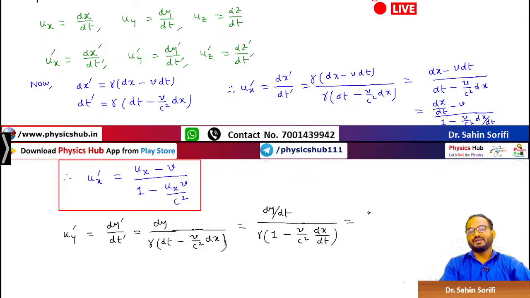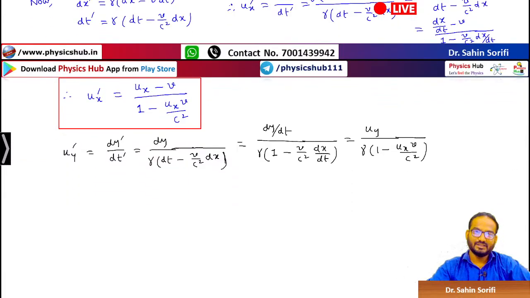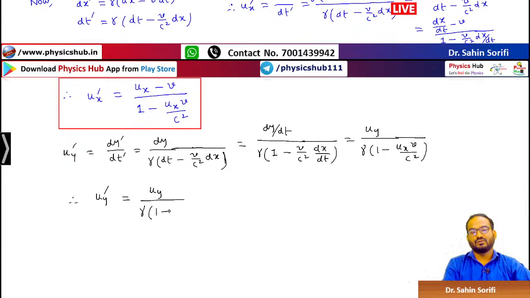So dy by dt is uy divided by gamma times 1 minus ux into v by c square. Can you write it? uy prime is equal to uy divided by gamma times 1 minus ux into v divided by c square.